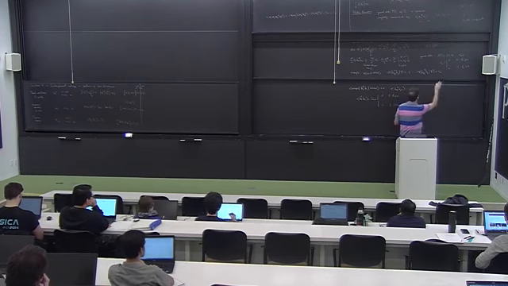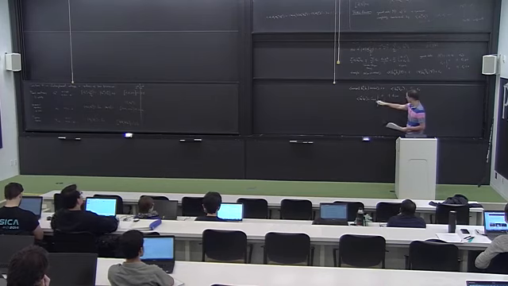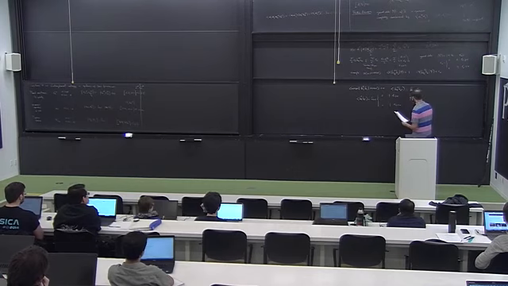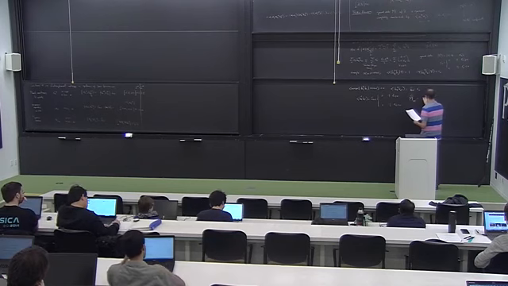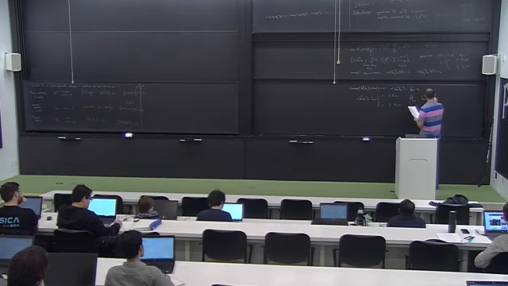Now I would like to rewrite this in terms of what I'm calling the correlation matrix, M tilde k k prime, which by definition is delta k k prime minus 2 times bk dagger bk prime.